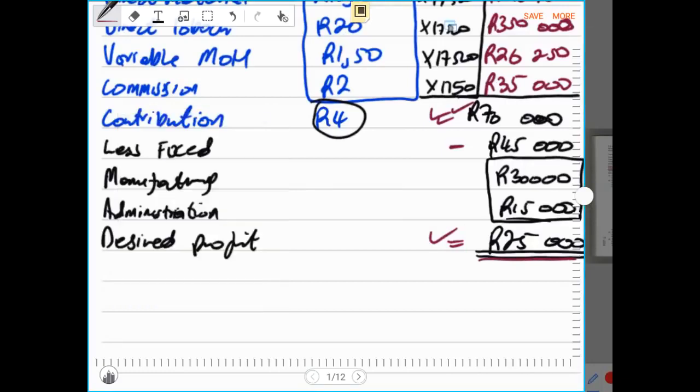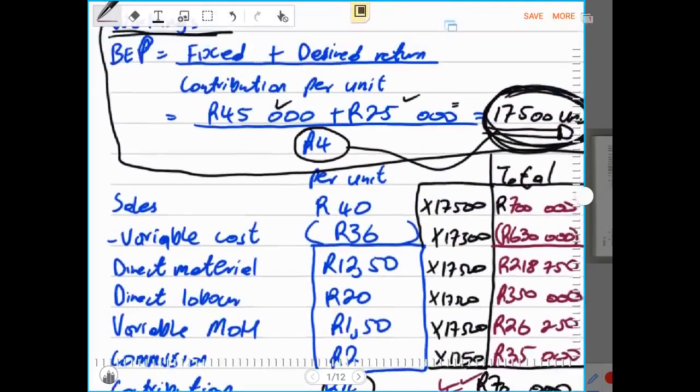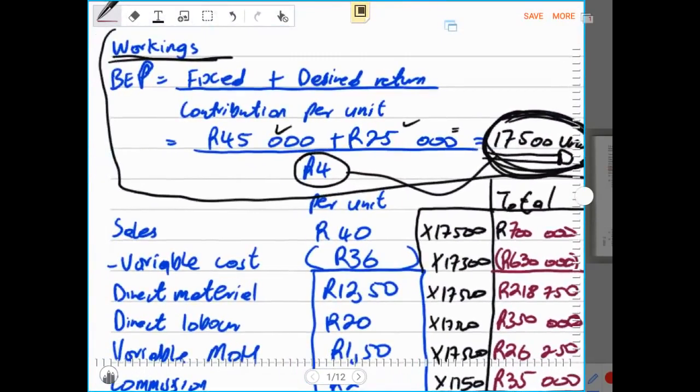So this is how you calculate the number of units to be sold in order for the owner to get his desired return, which is the same way as calculating the break-even point in units. So this is the break-even point in units, as I said to you, 17,500 units.